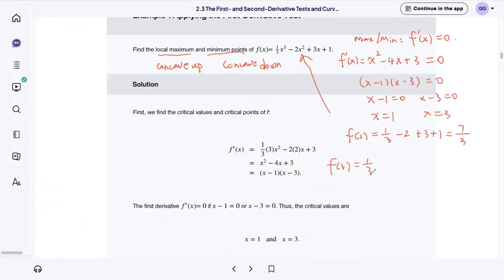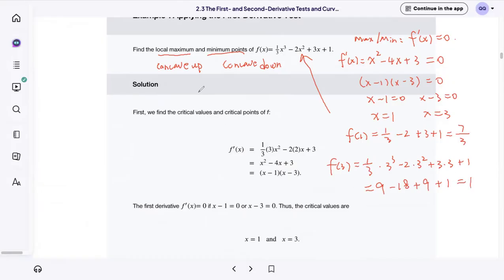So 1/3 times 3 cubed minus 2 times 3 squared plus 3 times 3 plus 1. Well, 1/3 times 27 is 9, so I have 9, and 3 squared is 9 times 2, 18. 3 times 3, 9 again, plus 1. So 9 plus 9, 18. 18 minus 18, 0, so we just get 1.